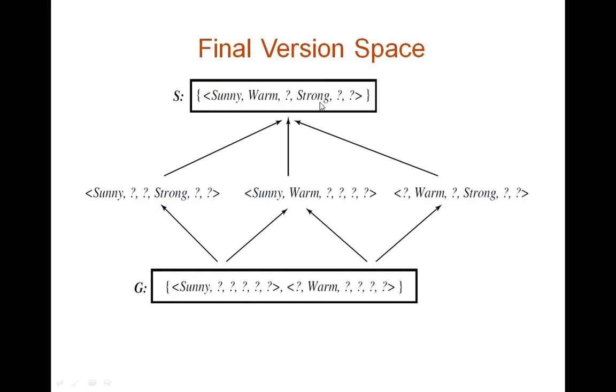That is, this first hypothesis will classify positive as positive, negative as negative. This hypothesis will classify 3 examples as positive, 1 as negative. All these hypotheses will classify positive as positive and negative as negative. So we can say that all these 6 hypotheses are consistent with the given training data.